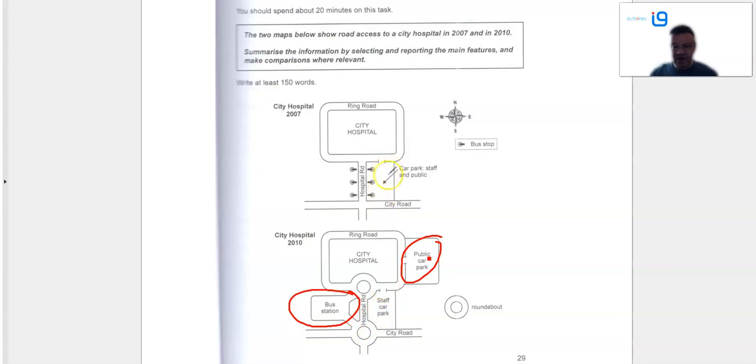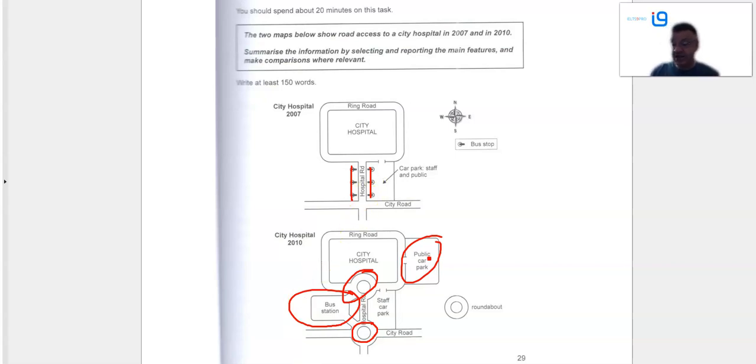The car park's changed from staff and public to only staff, and these have been removed. And 2 roundabouts. And that's it. That's all. 2 roundabouts added, car park, bus station, and the bus stops have gone. And that's it. So if you're not careful, your word count might be a little bit low.